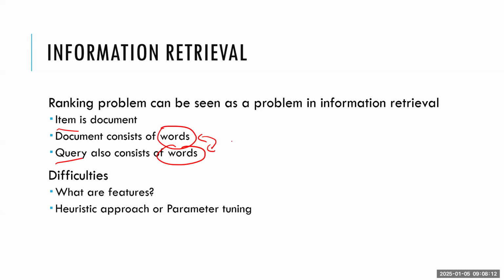Let's say I have the word cat in the query, and one document has 10 cats, and another has 20 cats. So maybe the document with 20 cats would be more relevant to your query. This is what information retrieval does. It matches the information from the query to the document.